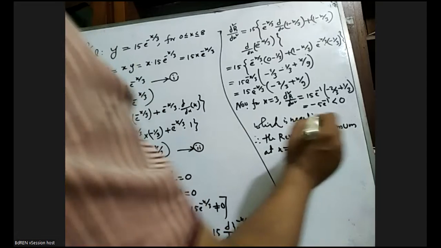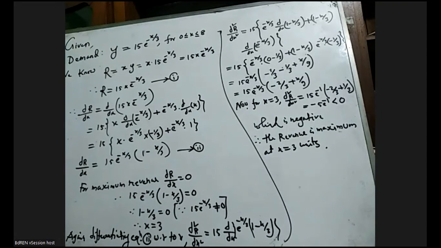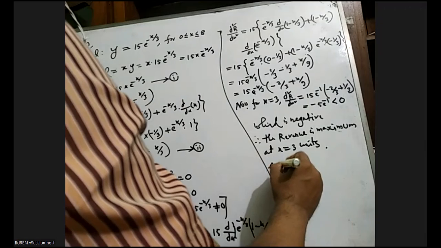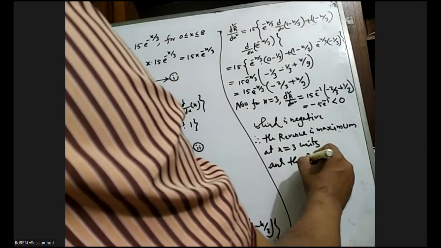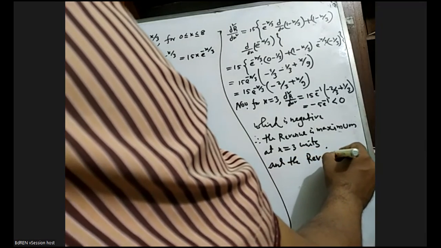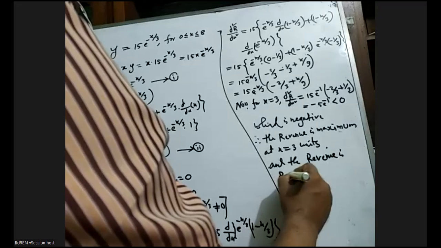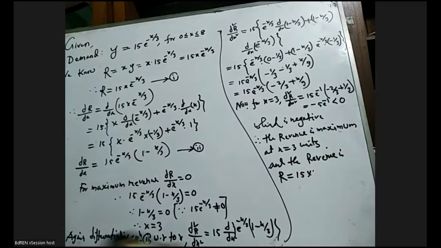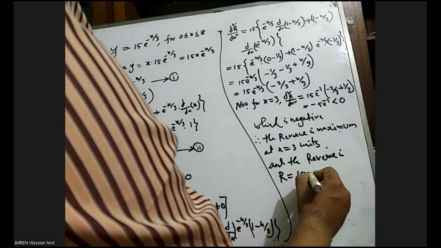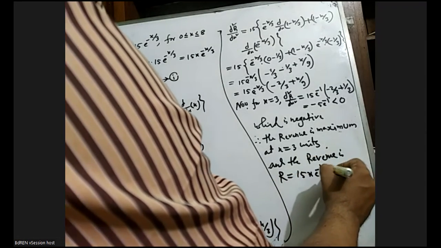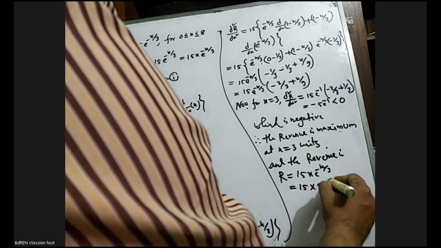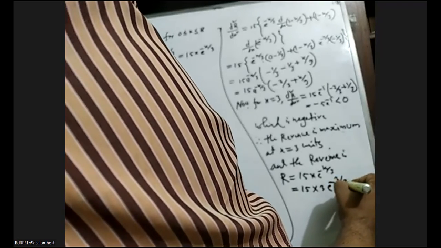And the maximum revenue will be given by equation number 1. The revenue R equals 15x e to the power minus x by 3. So 15 multiplied by 3 into e to the power minus 3 divided by 3.